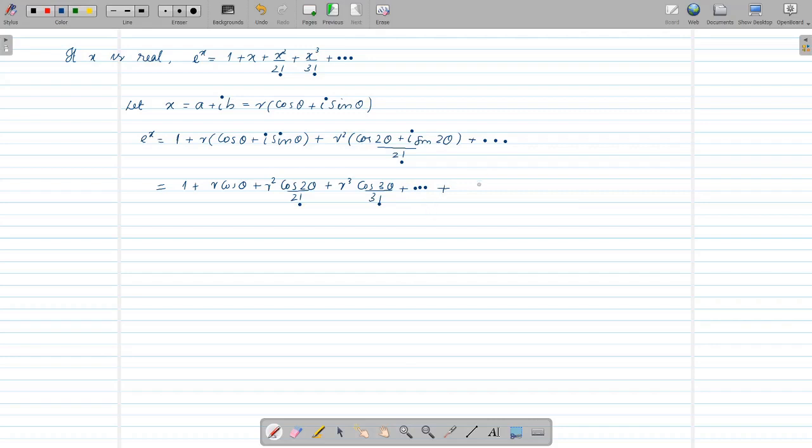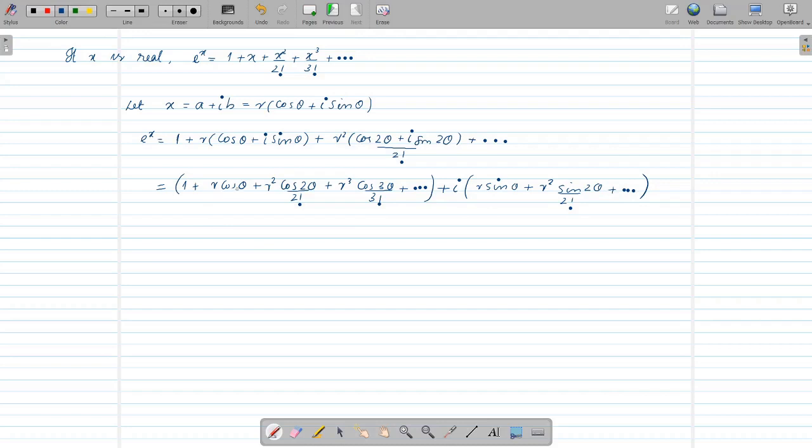Now you collect all the terms with I, so I can be taken out, then the remaining terms will be r sin theta plus r square sin 2 theta by 2 factorial plus etc. So this will be the remaining term.